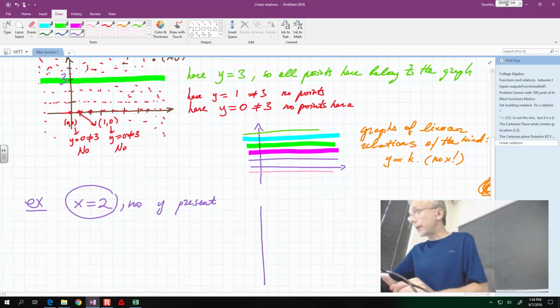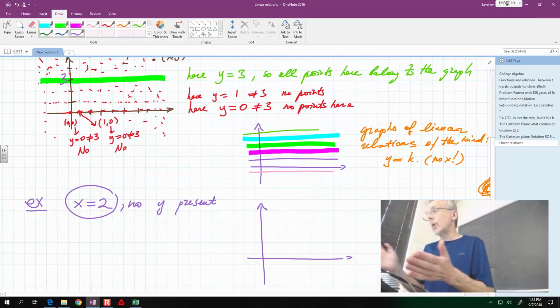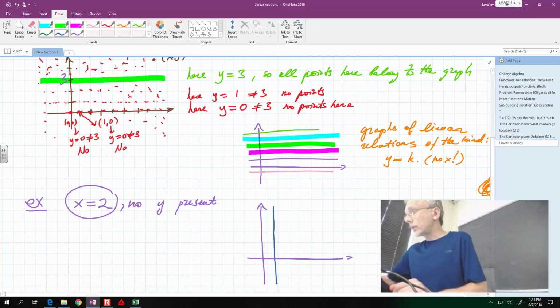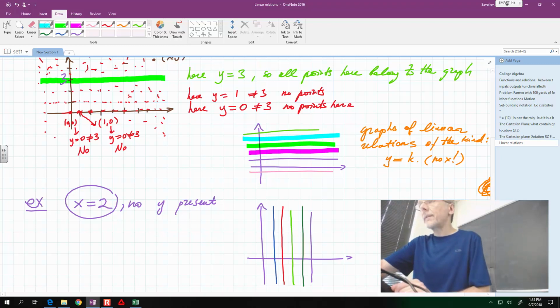A vertical line, right? So once again, the x is fixed, y is arbitrary, so you can go vertically with no limit. So all of these will be linear relations of this special kind. You can think of it as a fence, which is what I'm plotting here.